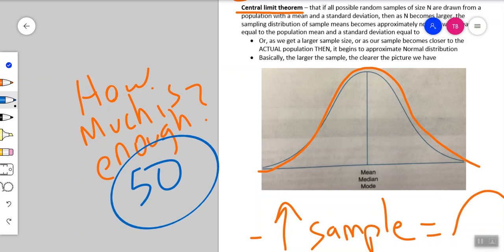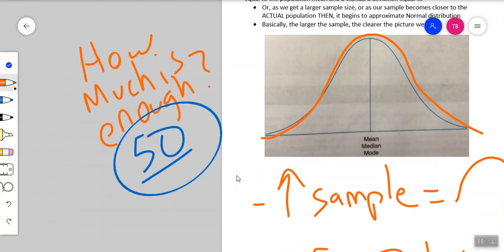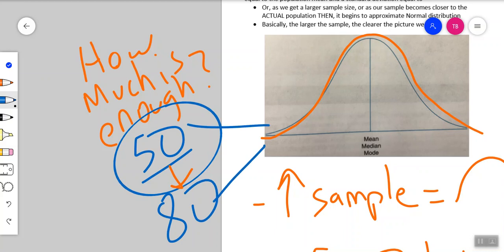Once you hit this number, even though 80 would be better, the difference between 50 and 80 is pretty small because both of these look pretty close to falling along the normal curve. So 50 is the magic number.